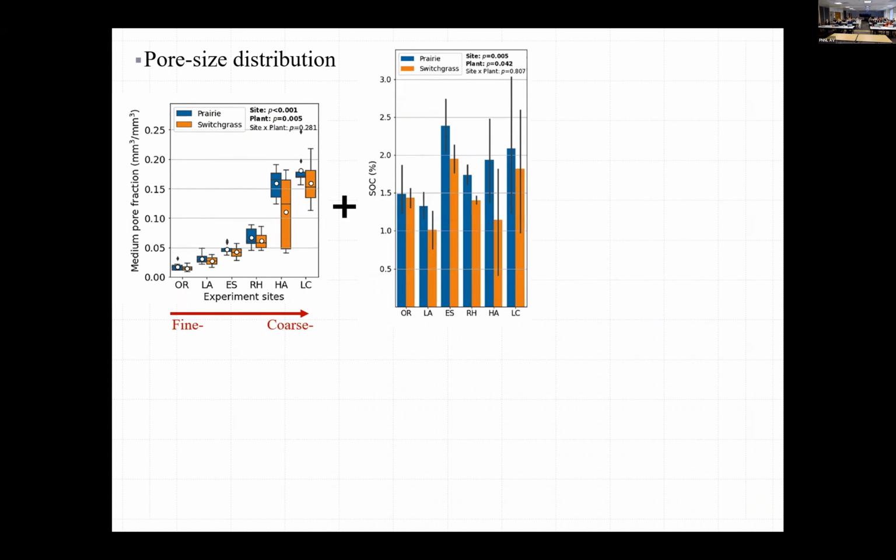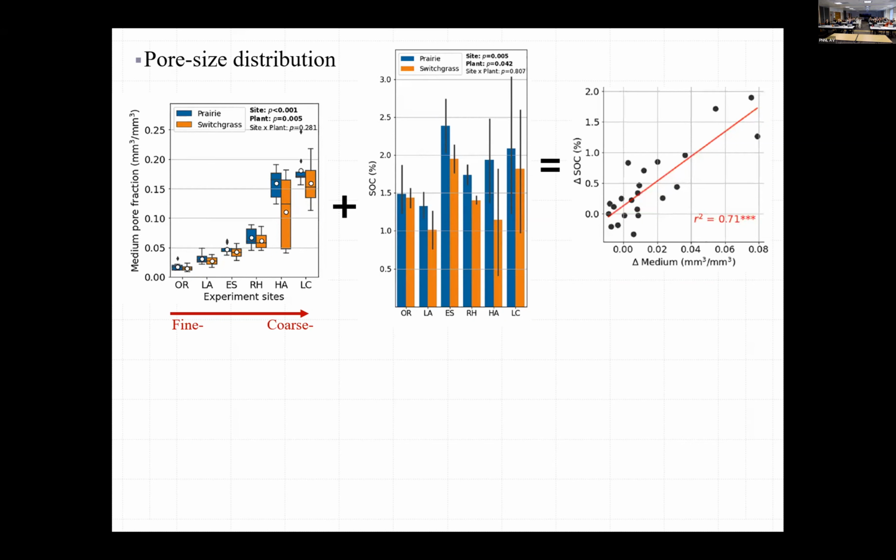And the key thing that you might notice here is just the same as with those pores, in every site the blue bar, the prairie, is higher than the switchgrass. So prairie was more effective in increasing soil carbon, resulting in higher carbon in all these very different soils than the switchgrass.